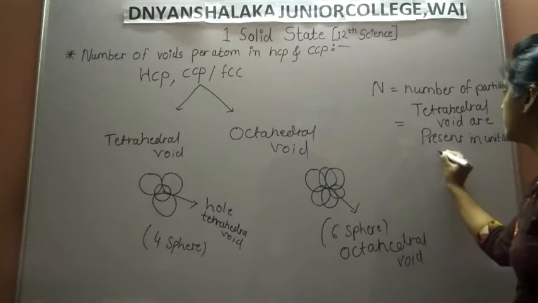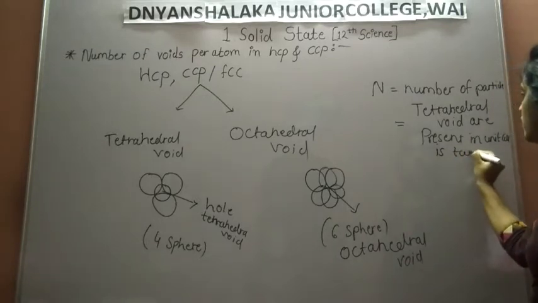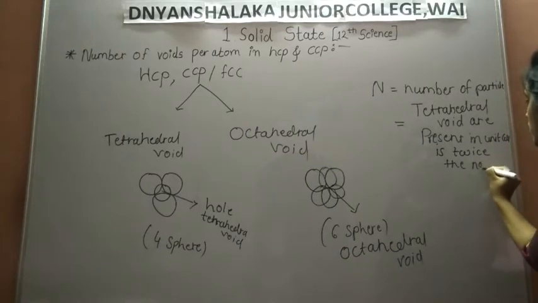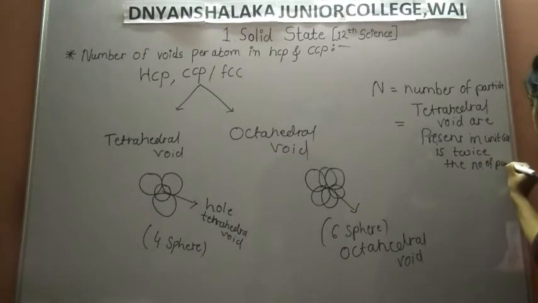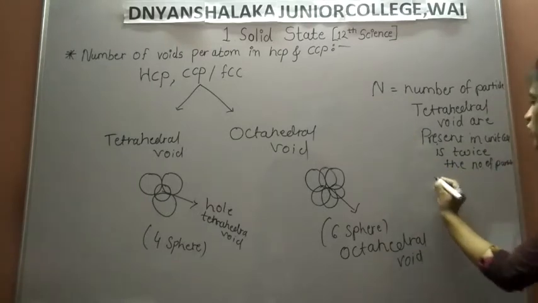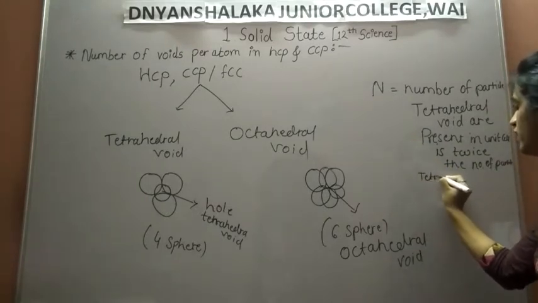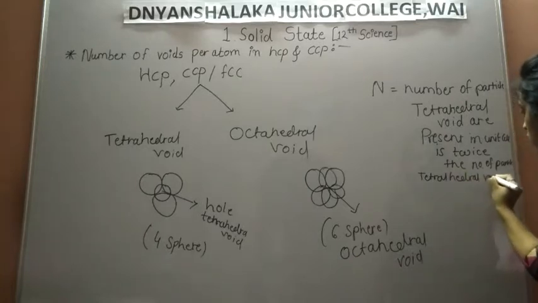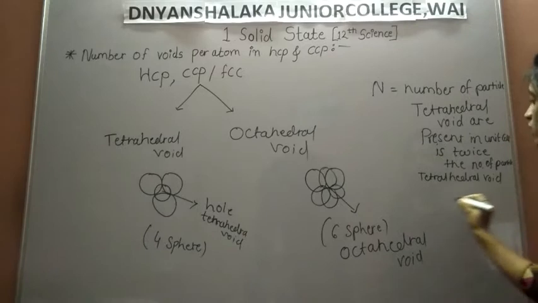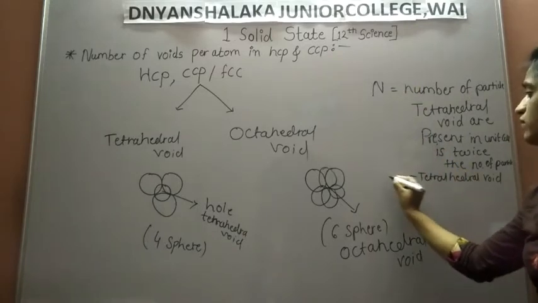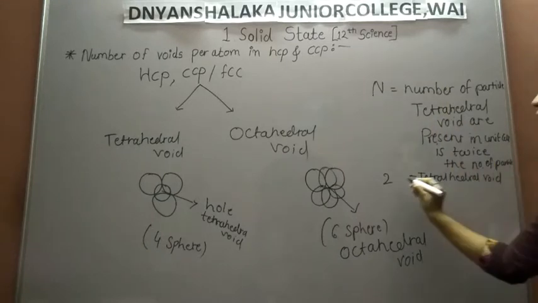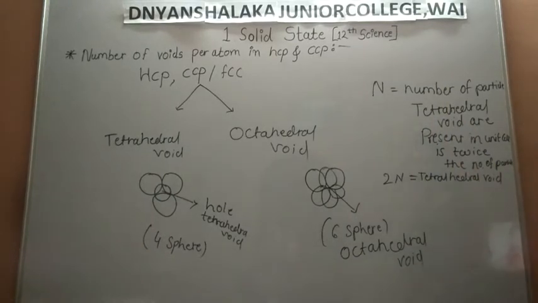So for tetrahedral voids, symbolically it is represented as 2 times the number of particles, that is, 2N.